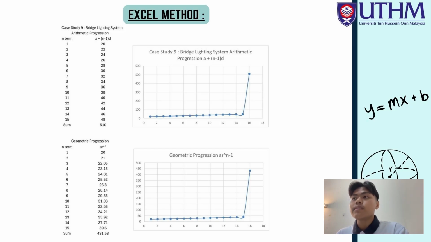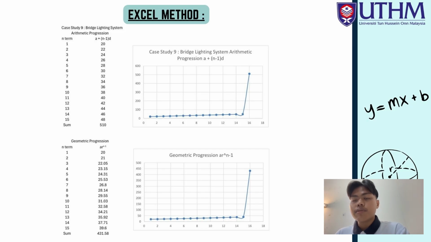Like the first term is 1, then the formula will be 20. After that, we can select all the cells in the column from the first term until the 15th term, and we can put it as a sum. As shown, the sum is equal to 510.